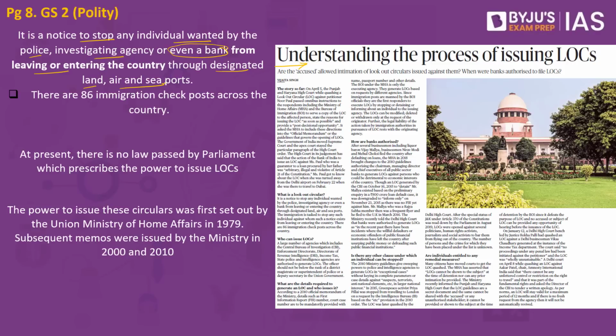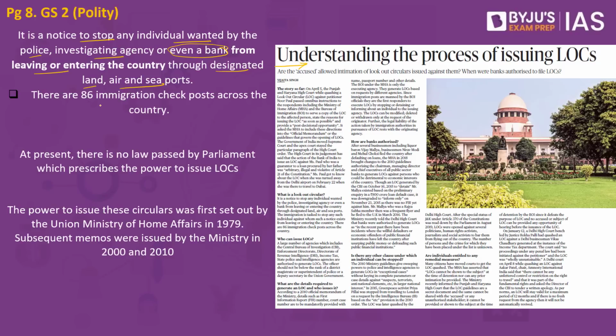The police officers, investigating agencies, and banks will issue a lookout notice to the Bureau of Immigration, which comes under the Ministry of Home Affairs, so that in case that person is seen at the airport or seaport, they would be able to arrest this person for a temporary period and hand the person over to that agency. This is what is called a lookout circular.